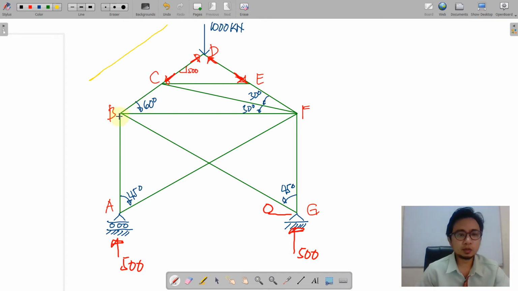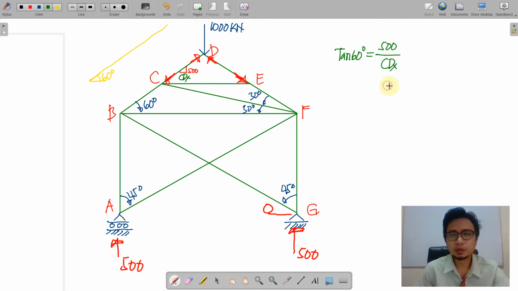We take note that BC and CD are similar, inclined at 60 degrees with the horizontal line. Getting the value of CDX is by writing the function of tangent 60, that is opposite over adjacent CDX.